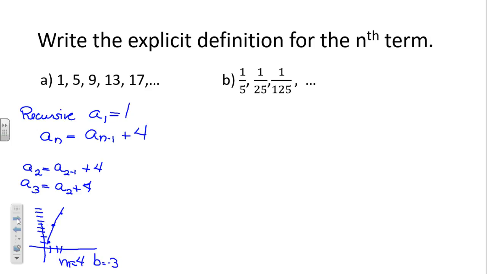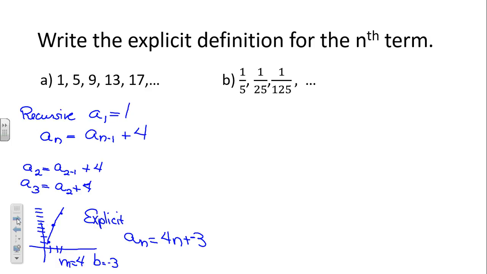So we could rewrite this explicit formula as a sub n is equal to 4n plus b, or -3, or 4n minus 3.